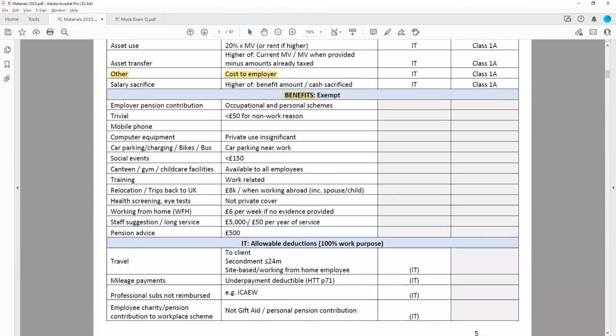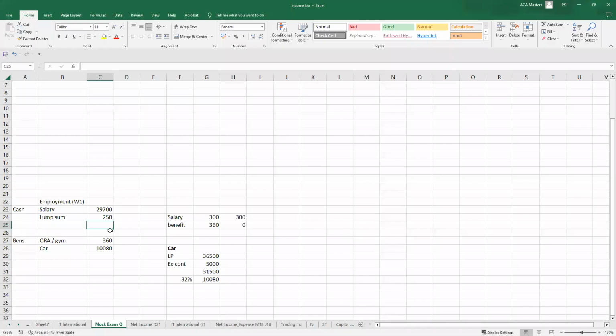There's very few things that can be deducted from employment income, and the main ones for the purposes of the TC exam being travel to clients or suppliers, mileage payments if for work travel but not home to work travel, and if they haven't been reimbursed by the employer, professional subscriptions and pension contributions. So that expense isn't deductible, so we should kind of make that clear.